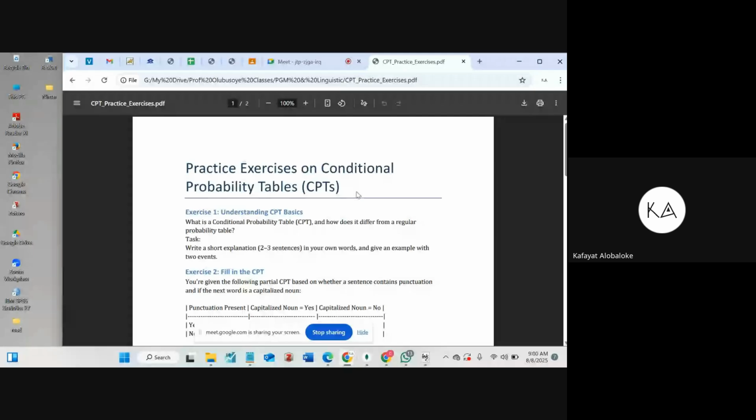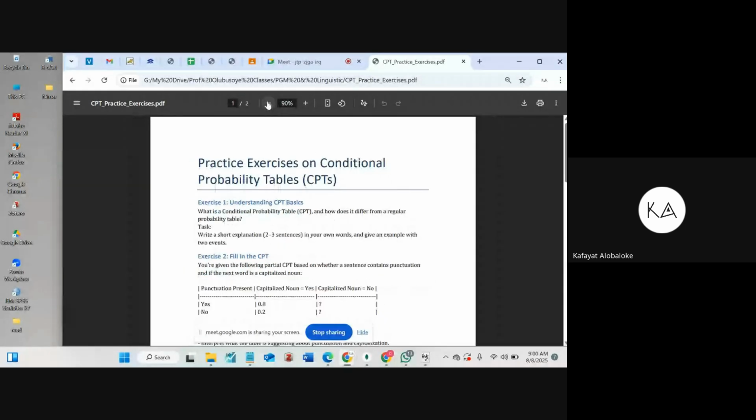Okay, please confirm you can see my screen. Yes, I can see it.